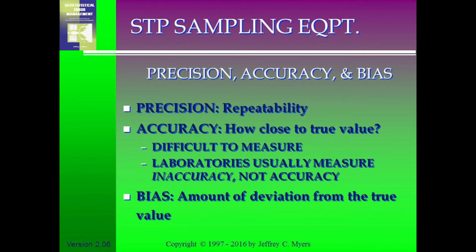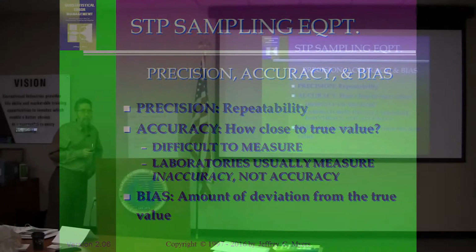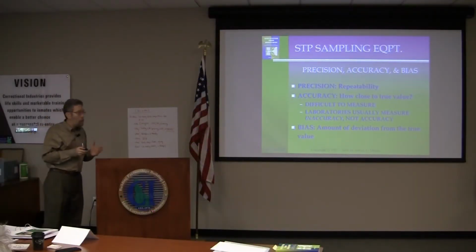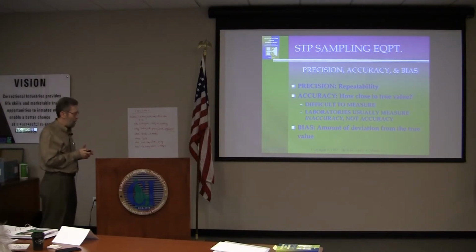Well, why are we concerned about correct versus incorrect sampling devices? Well, it goes back to an issue that's associated more with laboratories, and that is precision, accuracy, and bias. And this rolls into statistics, of course. We want to define those because precision and accuracy are sometimes a little bit confused. They're sort of related, but they're not the same thing.